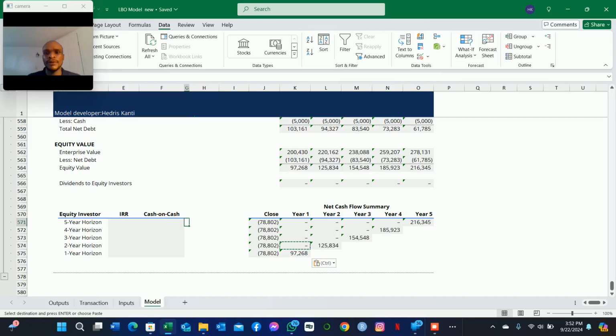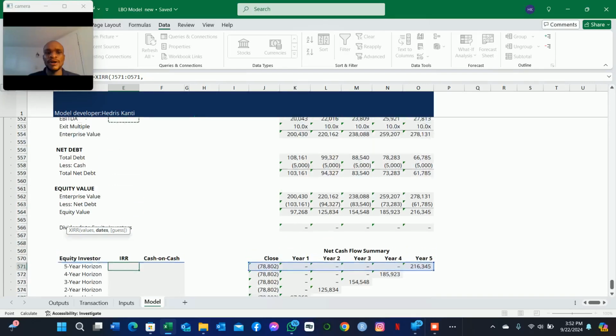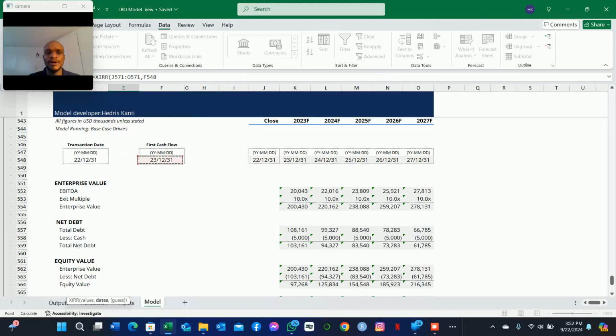So we now want to calculate the cash on cash returns and the internal rate of returns year by year of these equity investors. So to calculate the internal rate of returns, it's going to be equal to XIRR, where we take all of those cash flows and then assign the dates associated with those cash flows, including the initial investment date, that is the transaction closing date.